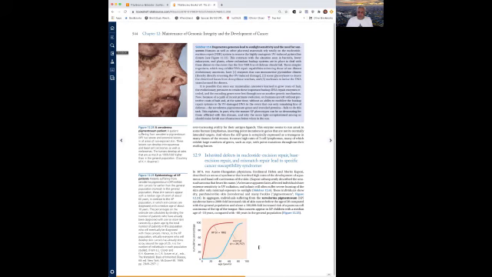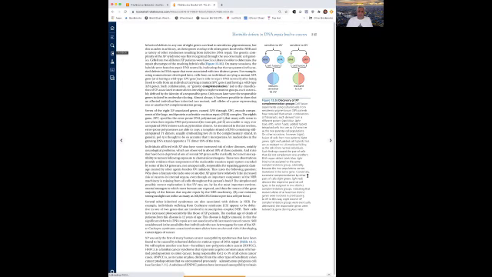And you can see there's a direct correlation between the percentage accumulation of damage and the age of the patient. So for most of us that don't have this genetic alteration, we follow the green line. But for patients that have XP, they follow the red line. So these are pretty devastating mutations to possess.